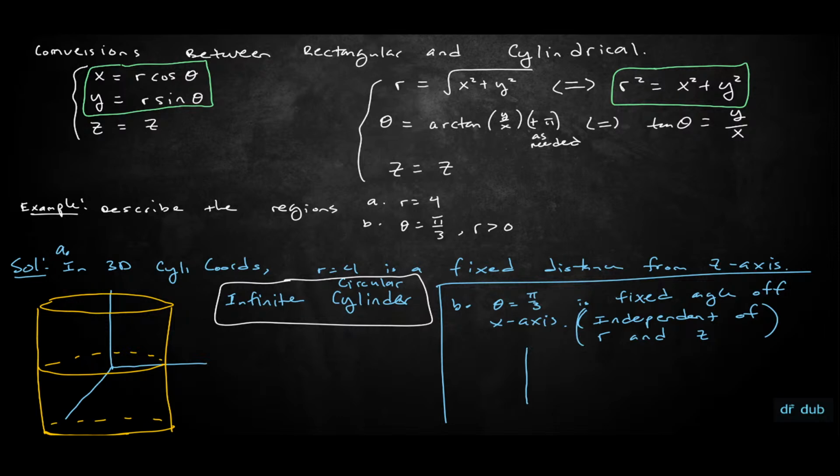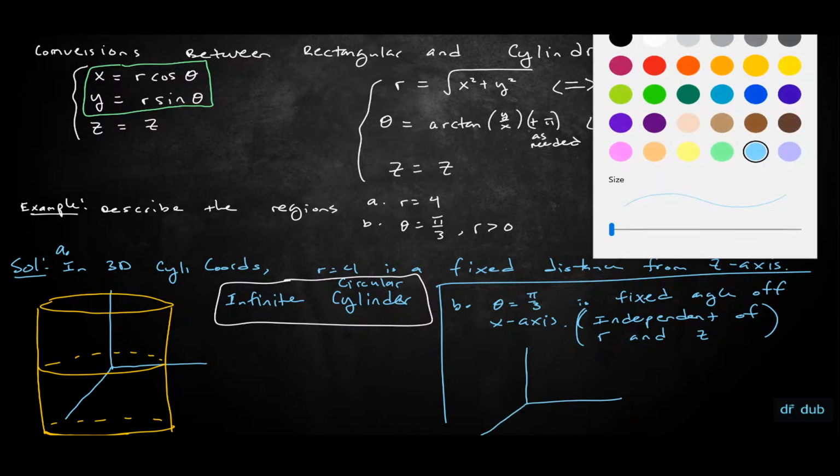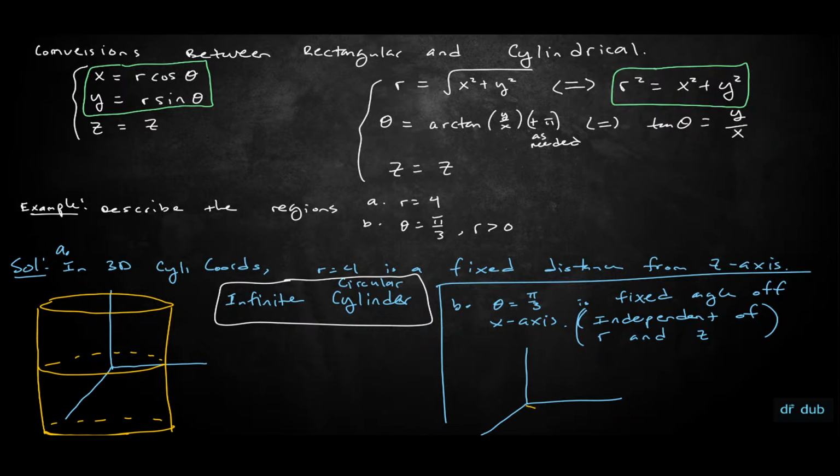But let's just draw some axes again and come out to the angle pi over 3, which is like, we'll say, right there. Now the r value can change, so it can go this way as far as it wants, but the z value can also change, so it can go up and it could go down as well.